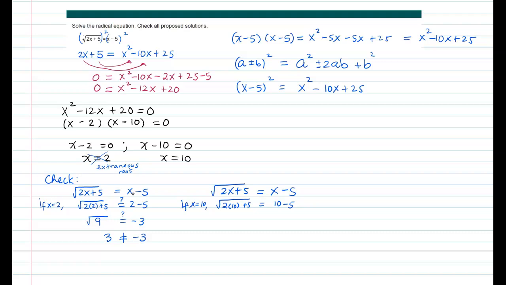Now 2 times 10 is 20 plus 5 is 25. So you have the square root of 25 equal to 5. Is the square root of 25 equal to 5? The answer is yes. So therefore, x equals 10 is the solution.